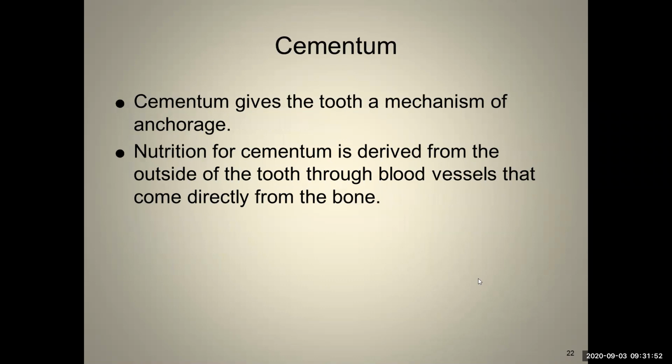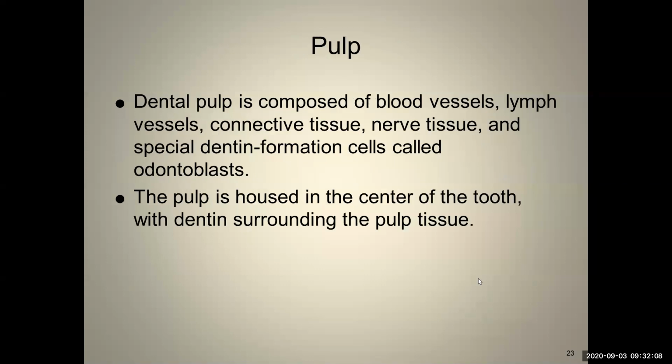Cementum gives the tooth a mechanism of anchorage. Nutrition for the cementum is really derived from the outside of the tooth through blood vessels that come directly from the bone. So the bone is feeding it. The most inner portion of the tooth is called the pulp.